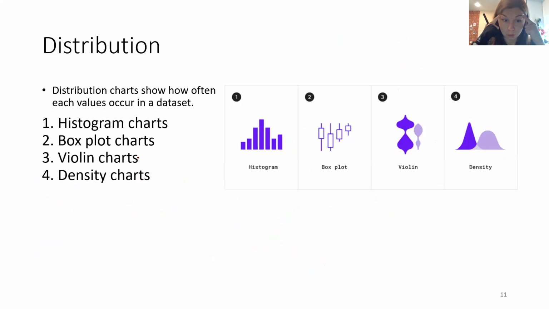When you want to describe the distribution of a parameter, you may also use several charts. Histogram, you know what this is? You have several ranges of your numeric value. You calculate how many points fall in each range and plot these bars. Box plots are a really interesting way to represent your data if you have a lot of data.